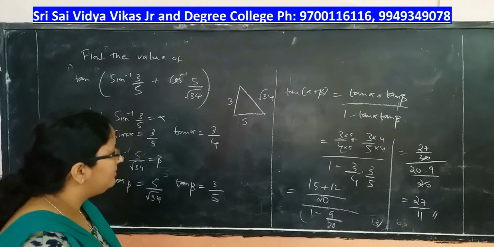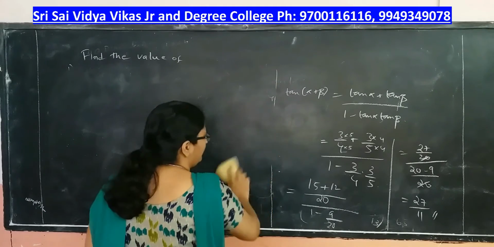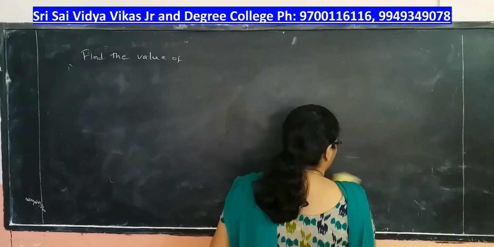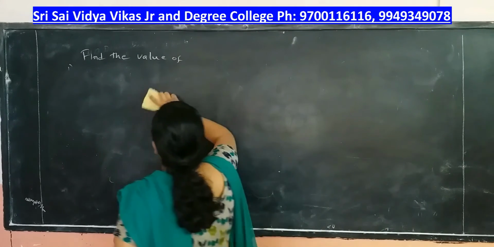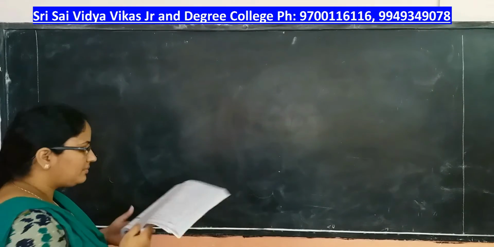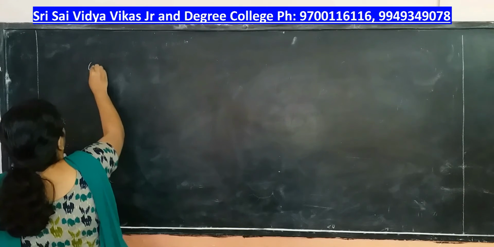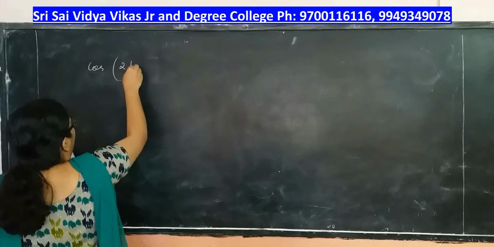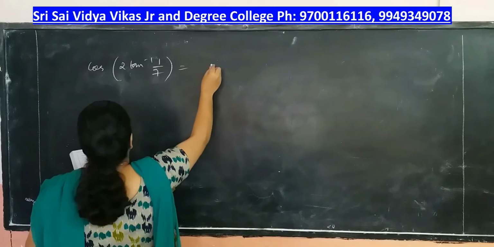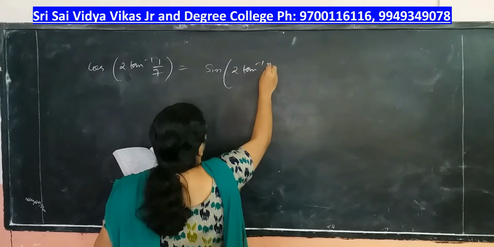Let us do the next problem. Cos of 2 tan inverse 1 by 7, you have to prove that this is equal to sine of 2 tan inverse 3 by 4.